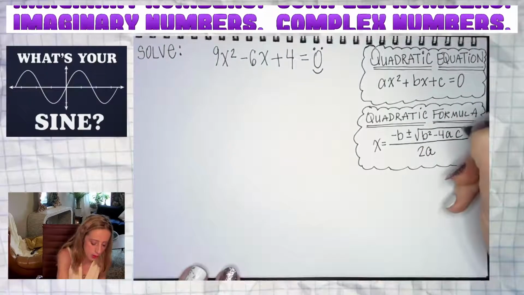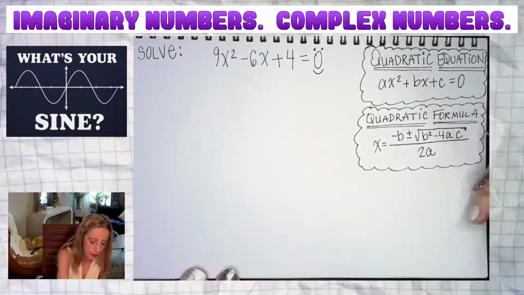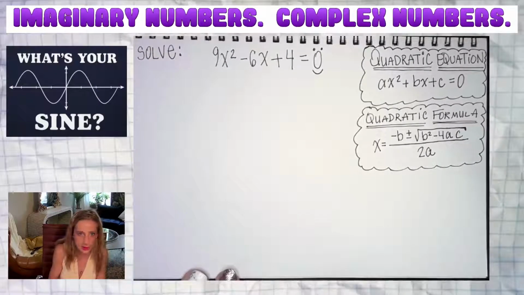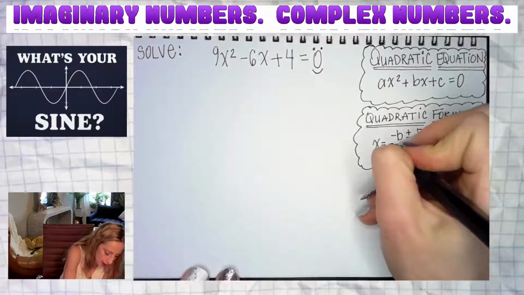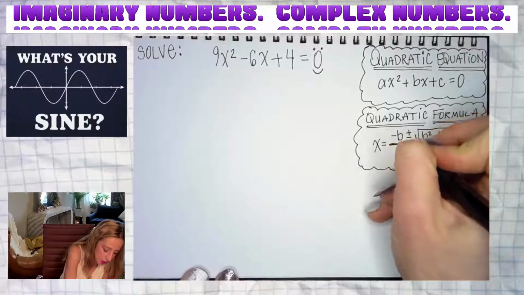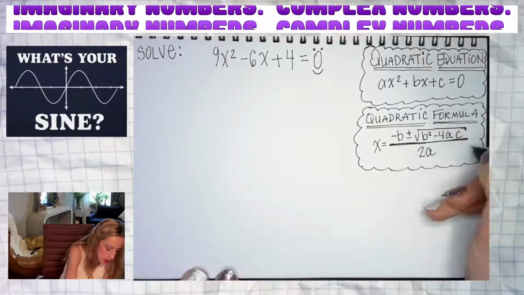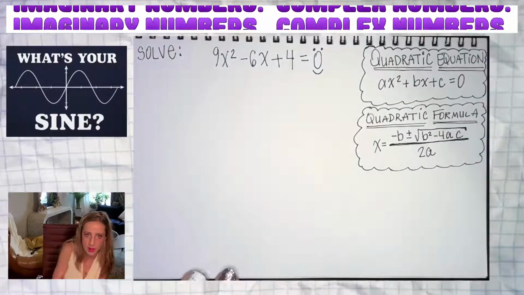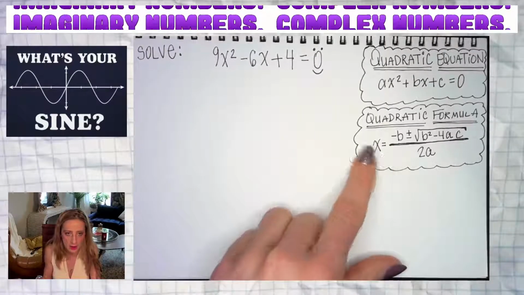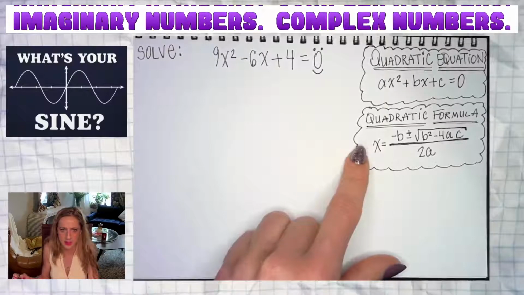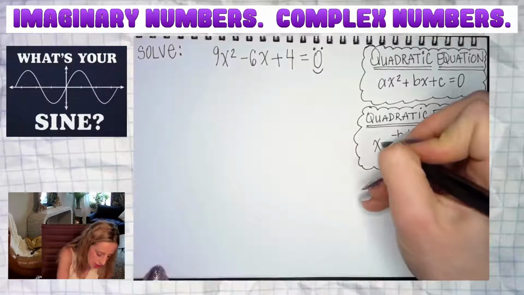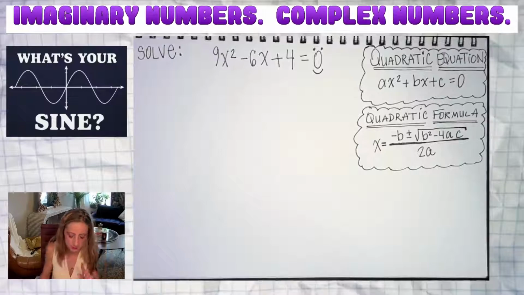So again, if you don't have your square root roof going all the way there, you don't get full credit, guys. And if your division fraction bar isn't going from the negative and the negative b all the way to the end of your root, not full credit. Do not put the fraction bar to the other side of the equal sign. That's silly, okay? So that right there is your quadratic formula.